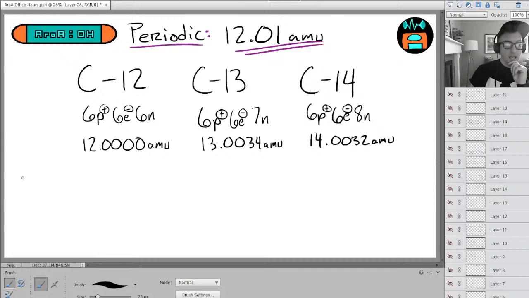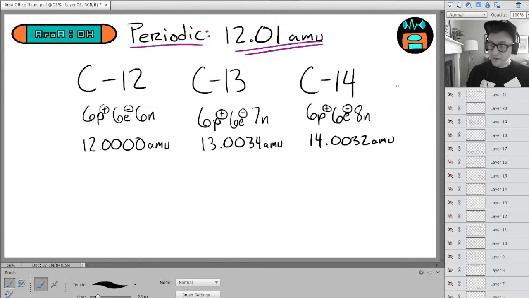All right. If you look at the percent abundance, so of all the carbon in the universe, at least on planet Earth, maybe. No, I can say in the universe, actually. This is based on physics.